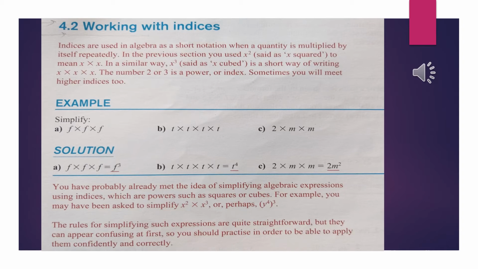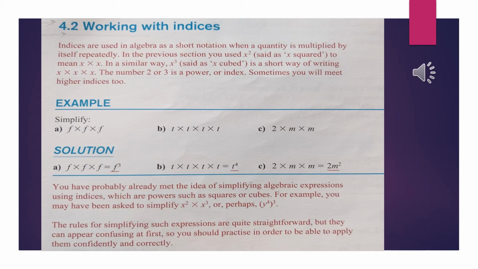Sometimes you will meet higher indices too, as we can see in the following examples. They ask to simplify f times f times f. The solution for that is f to the power 3. Part B, t times t times t times t, and that finally comes to t to the power 4.